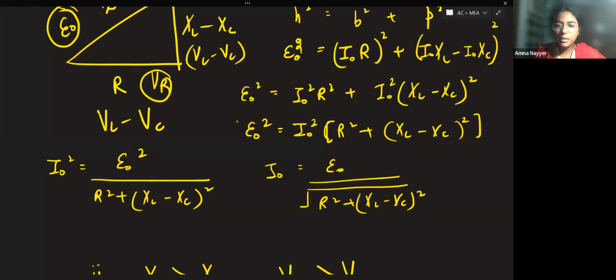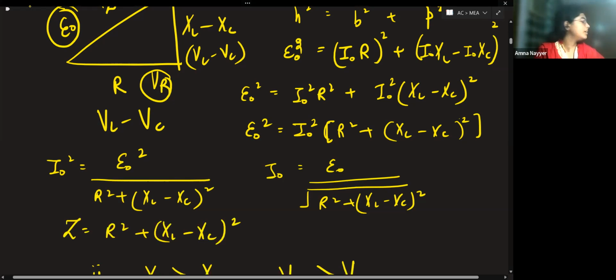Now see class, from here you can see I is equal to V divided by R using Ohm's law. So can you notice this? This is the impedance that we have obtained, the square root of R square plus XL minus XC whole square. This is the value of impedance.